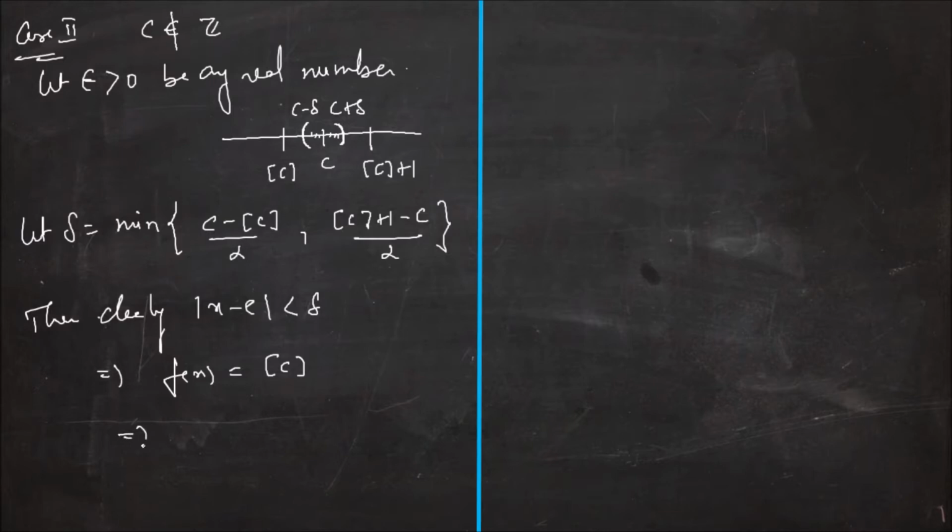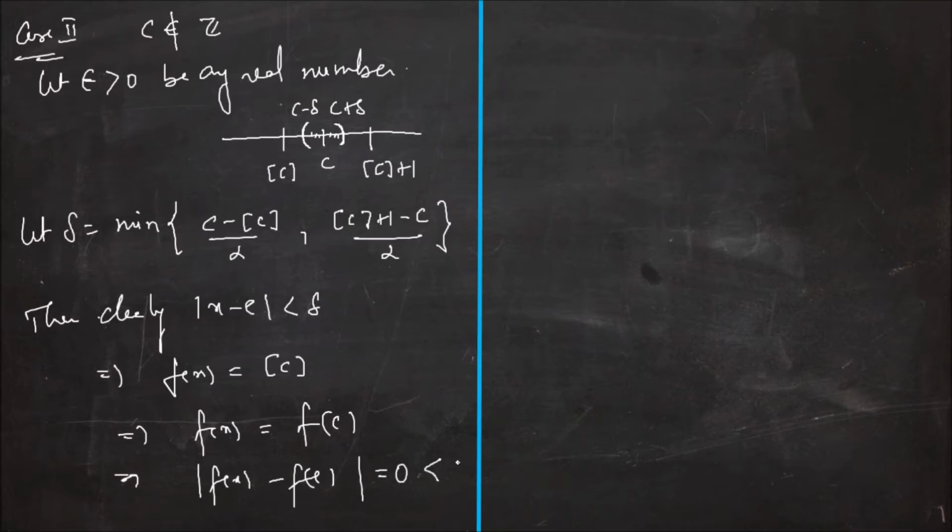So this implies f(x) is equal to f(c), and this implies |f(x) minus f(c)| is equal to 0, which is clearly less than epsilon.